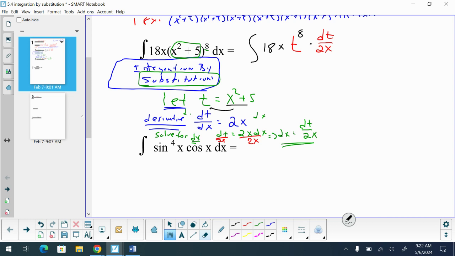So we've done a bunch of substitutions here. Now if we look to simplify, we have 18x divided by 2x, which gives us what? 9. So we're still left with the integral of 9 t to the 8th dt. Can I now take the antiderivative of 9 t to the 8th? Yeah, I can. Add 1 to my exponent.